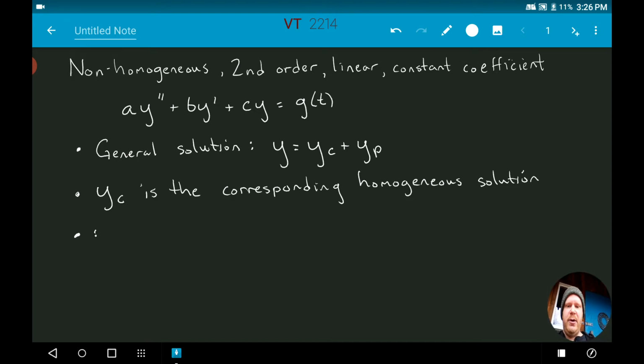Second step is we're going to use g of t to solve for the particular solution.